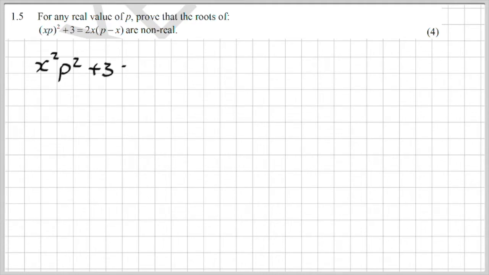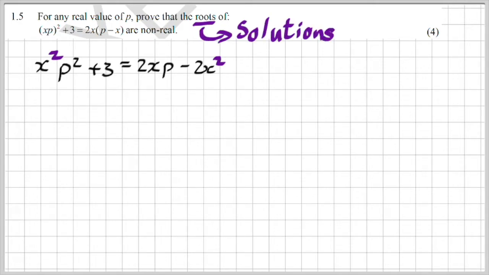I'm first of all just going to multiply out my brackets so that I see what I'm actually working with. I'm working with a quadratic equation. If I work with a quadratic equation and I read the word roots, I must think about solutions. Well, that's not just with quadratic equations, but with any equations. When you read the word roots, think of solutions.